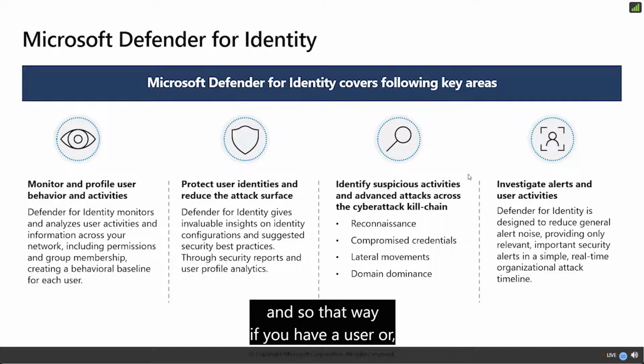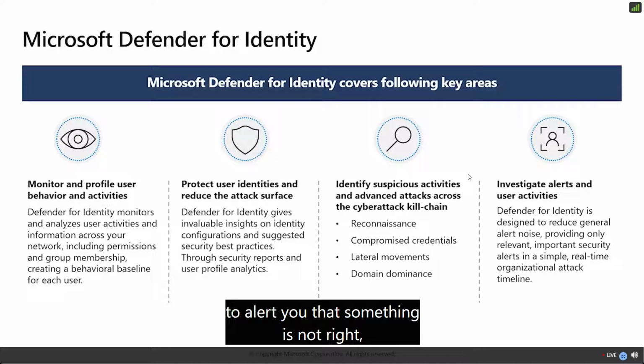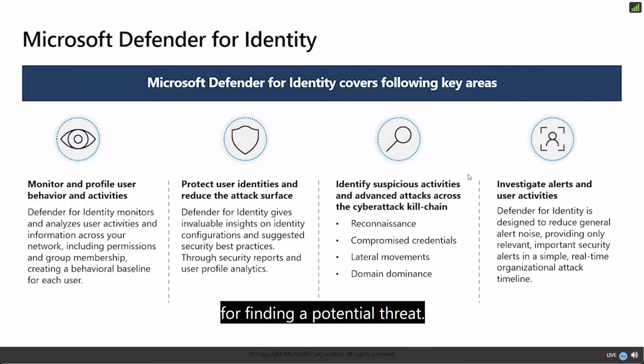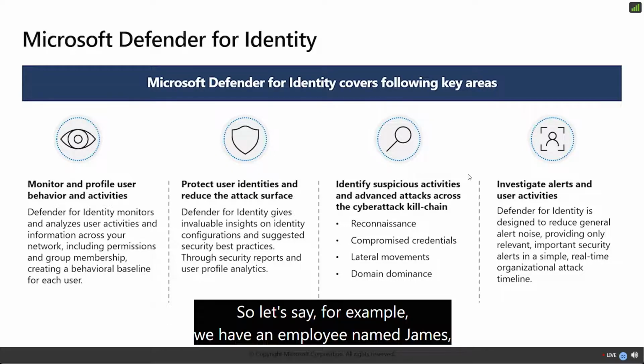And so that way, if you have a user or let's say a group that's doing something that's a little bit out of the norm, Defender is going to be the first one to alert you that something's not right. And that way you can dig a little bit deeper for finding a potential threat. So let's say, for example, we have an employee named James.